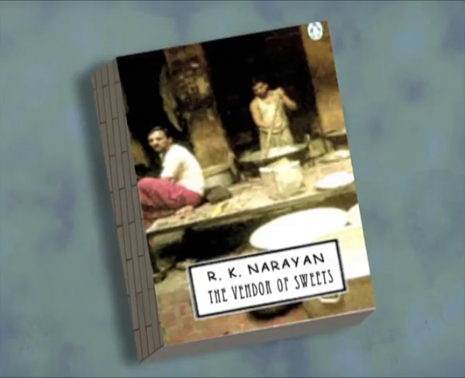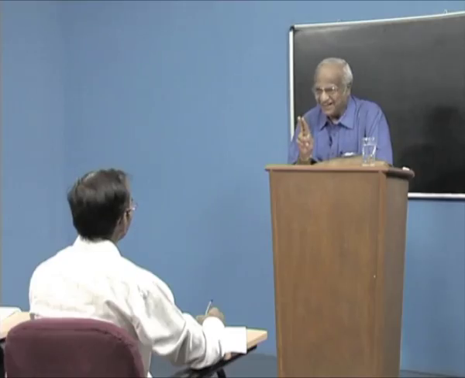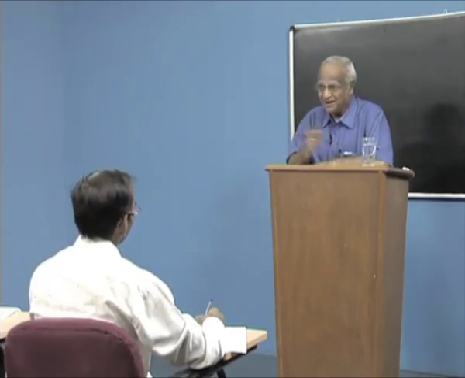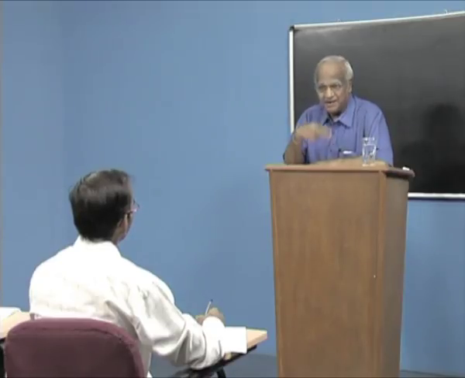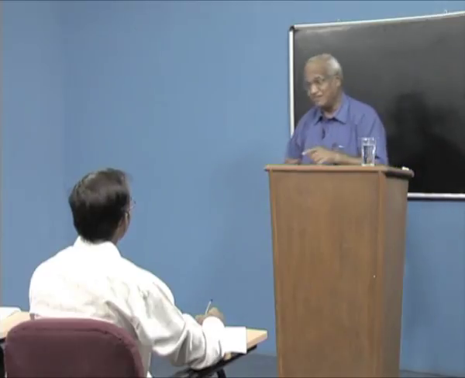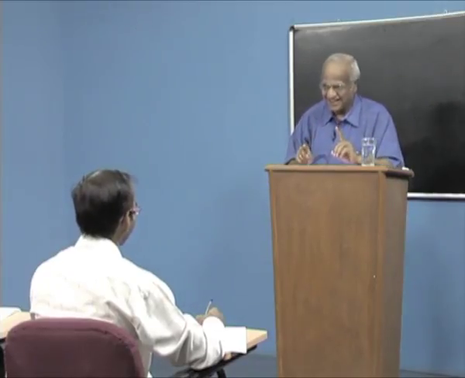Take, for example, Jagan in The Vendor of Sweets. Jagan is a man who makes his money and he has a double account in a typical Marwadi way of doing two accounts. And he rationalizes by saying that nowhere in Mahatma Gandhi's teachings did he say we should not have two accounts. All right?